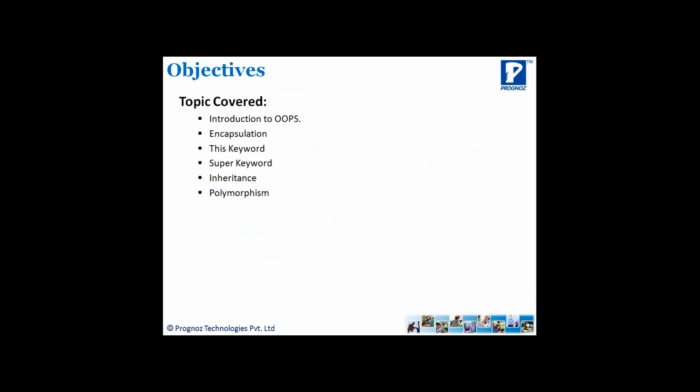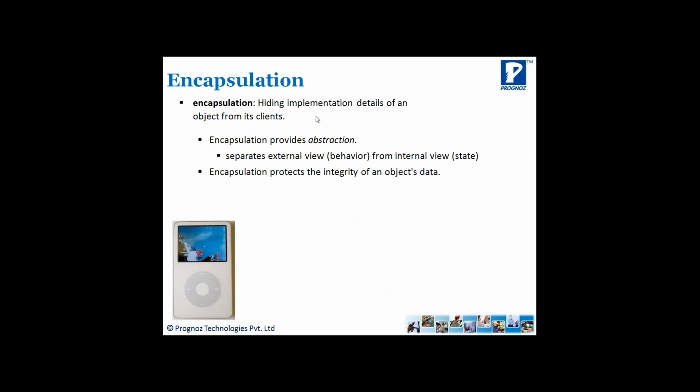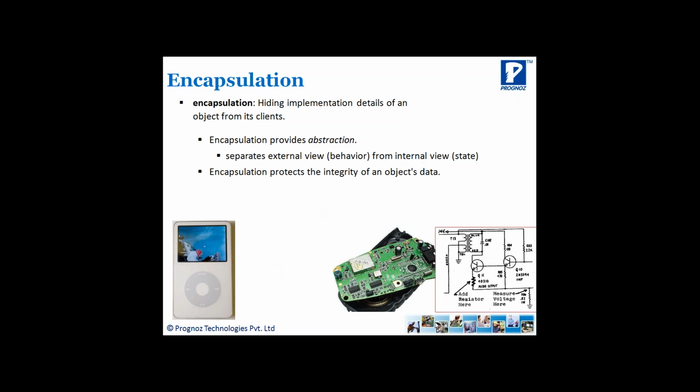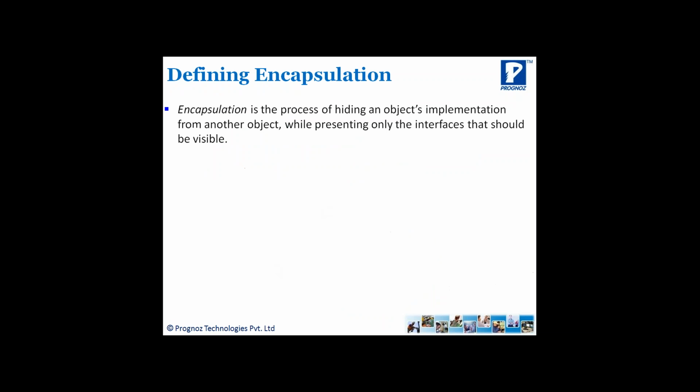Introduction to OOPS. Encapsulation is hiding the implementation of an object from its clients. It provides abstraction, separating the external view from the internal view. Encapsulation provides integrity. That means it only provides that the function is happening, but how is hidden from you. The view of any object is nothing but the interface, or you can say the abstraction.